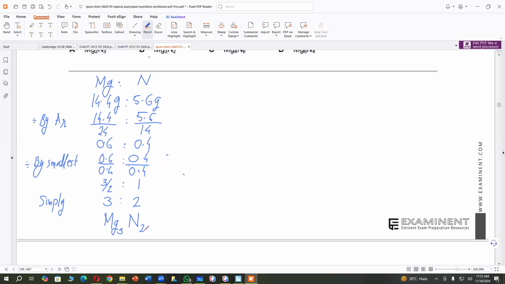So 1.5 ratio 1 is 3 is to 2. Na? 1.5 means 3 upon 2. Okay. Yeah, I wrote this down already.